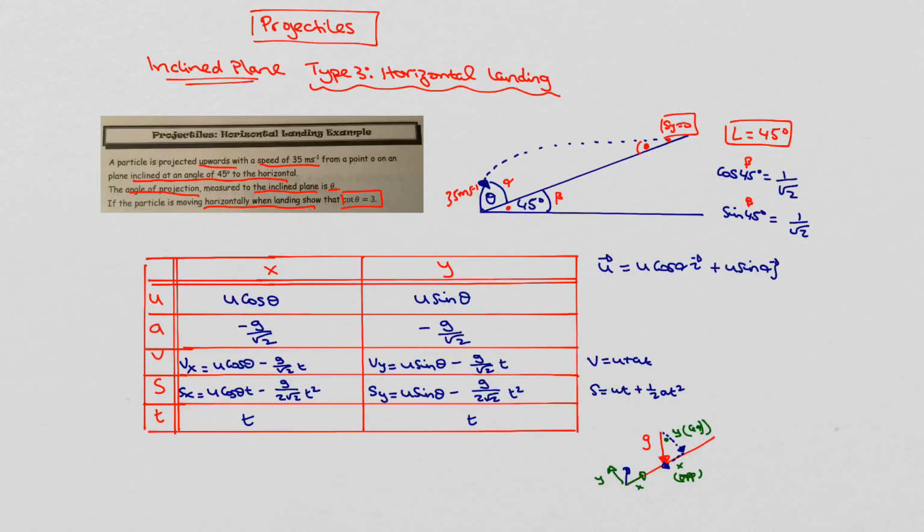Well, we said Sy was U sine theta t minus g over 2 root 2 t squared. And if I let that equal 0, then I can isolate t by taking out the highest common factor. I'm going to multiply across by 2 root 2 first of all though, just to eliminate any fractions.